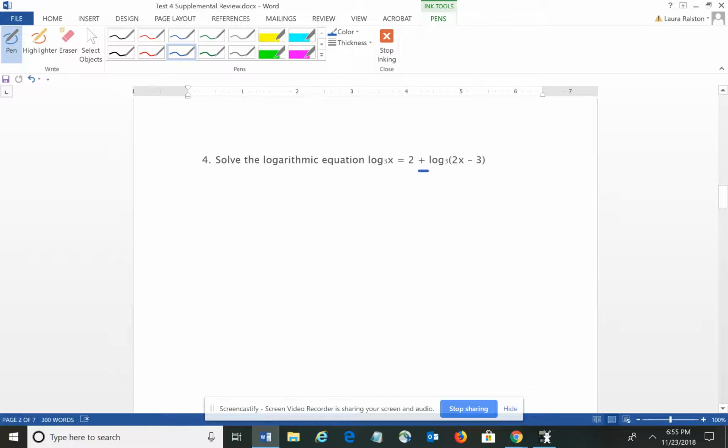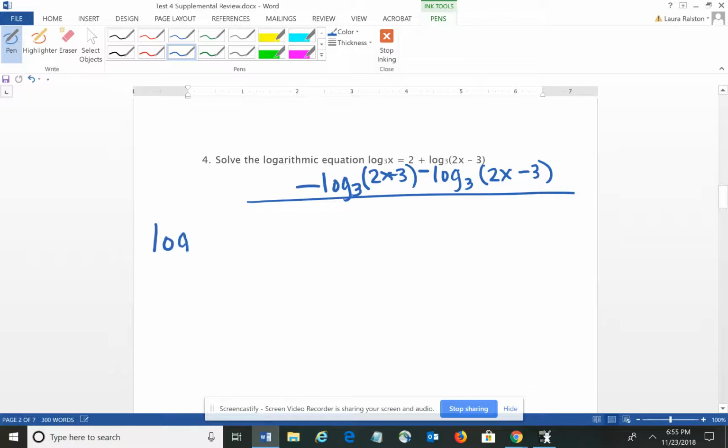So I'm going to do minus log base 3 of 2x minus 3 on either side so that I have log base 3 of x minus log base 3 of 2x minus 3, and that's going to be equal to 2, so that I've got the two logs together on the left-hand side.